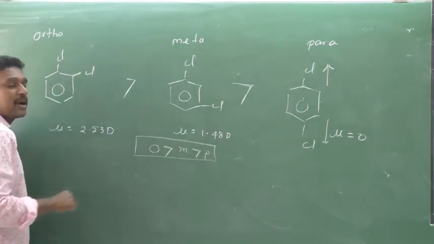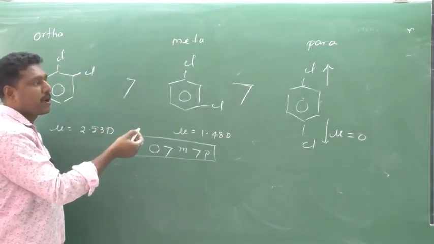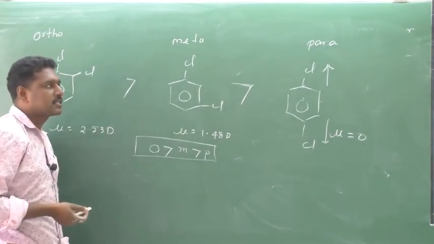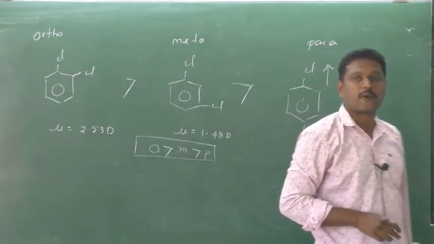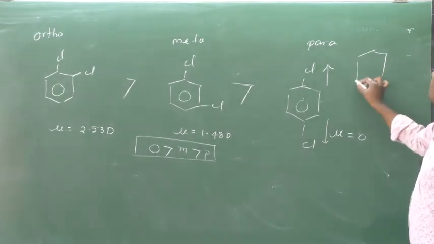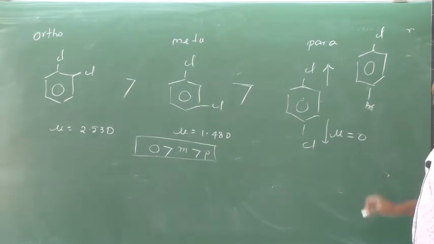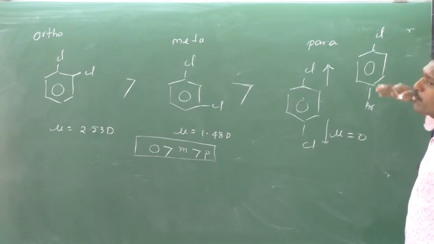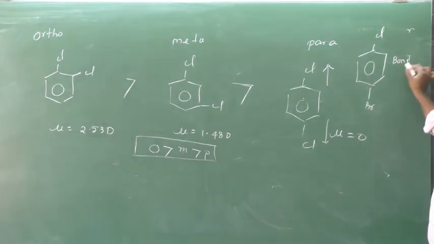Not all para isomers have the same type of mu. I will take one example. Here the same groups are there, chlorine and chlorine. What if, instead of chlorine, we take bromine on one side? Then the bond moments are not cancelled by each other.